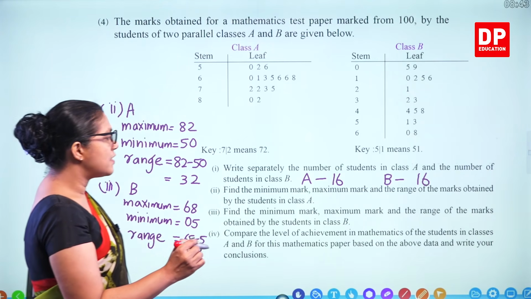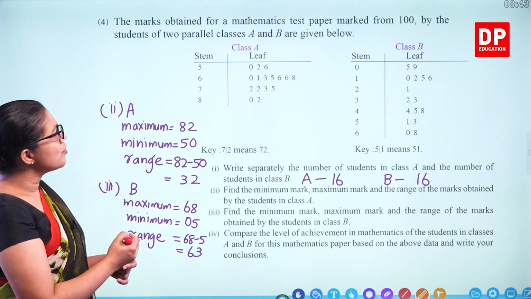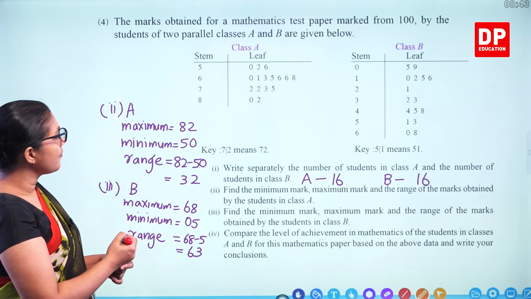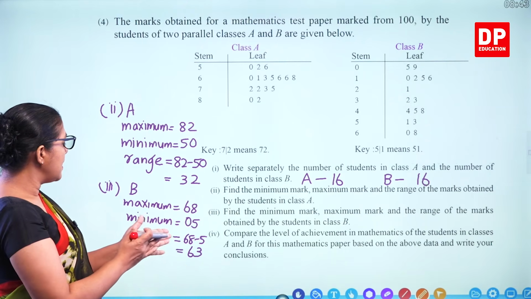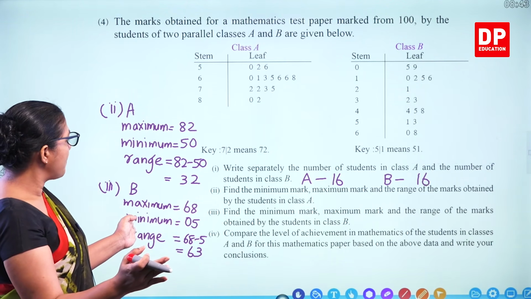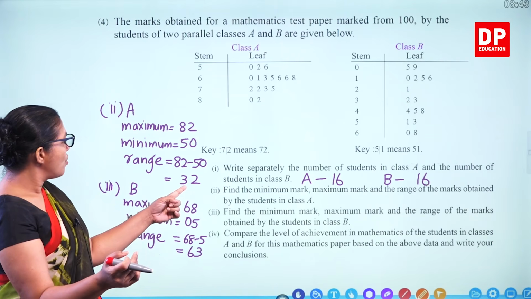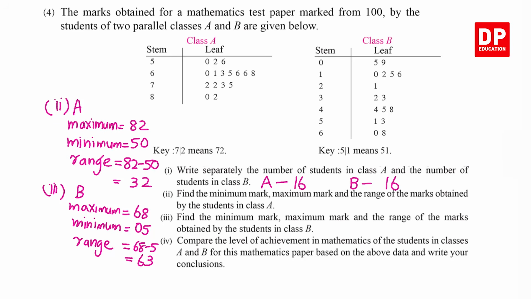Compare the level of achievement in mathematics of the students in classes A and B for this mathematics paper based on the above data and write your conclusions. So what can you say? This range is high in class B. That means the variation is high in class B compared to class A. So first we can write about the range. So I'll write down the variation. So we can say range means the variation.